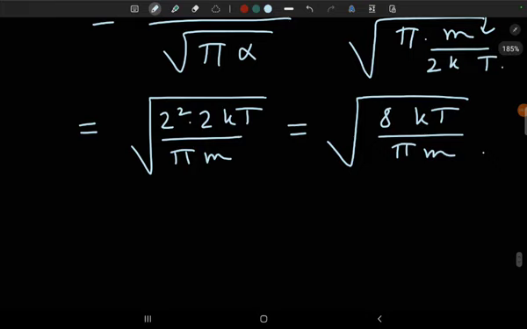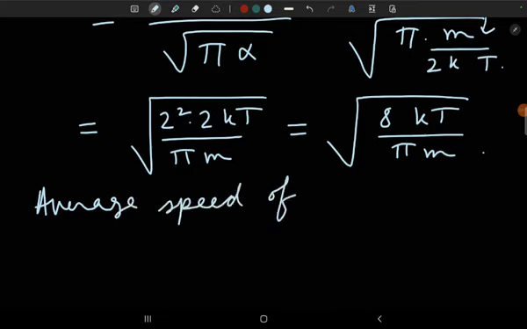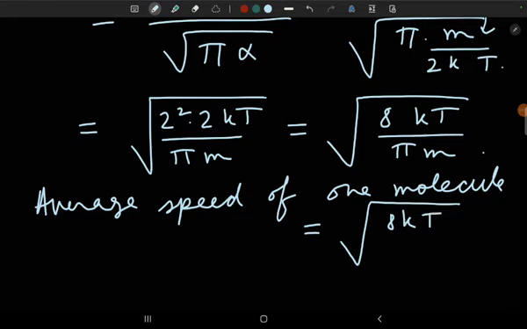Also remember that this is actually the average speed of one molecule. This was the square root of 8 kt by pi m.